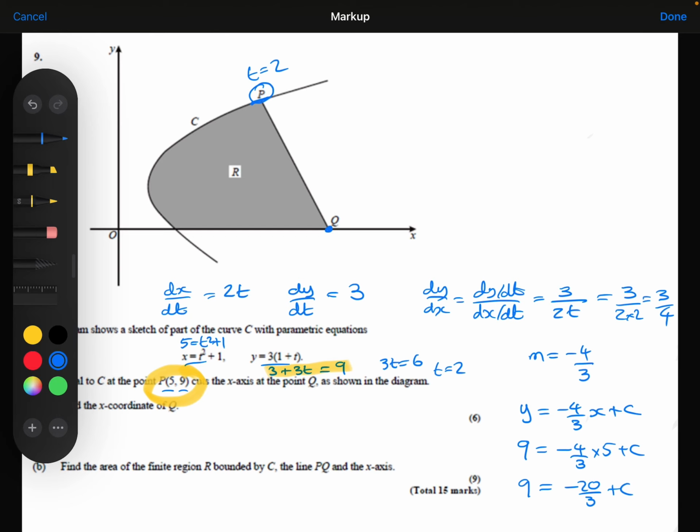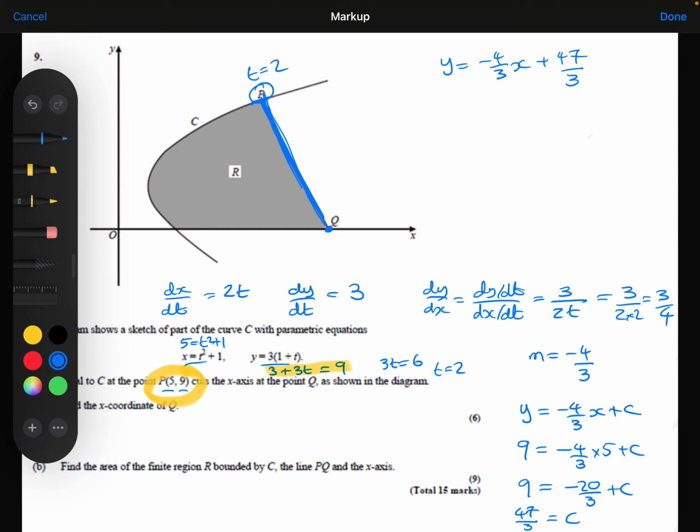So 9 plus 20 over 3 is going to be 47 over 3. So the equation of my normal then is y equals minus 4 over 3 x plus 47 over 3.